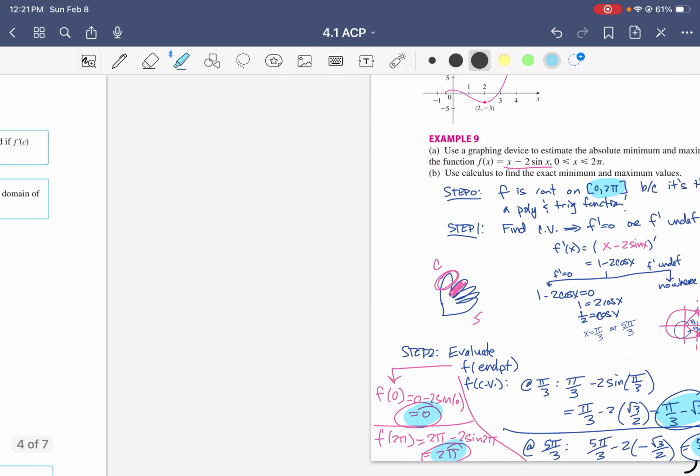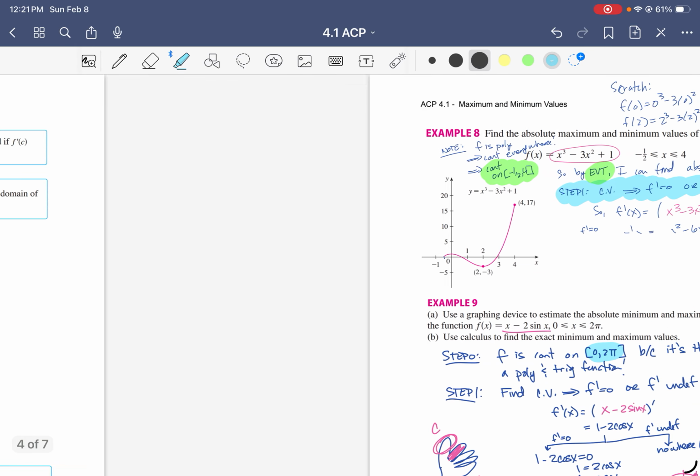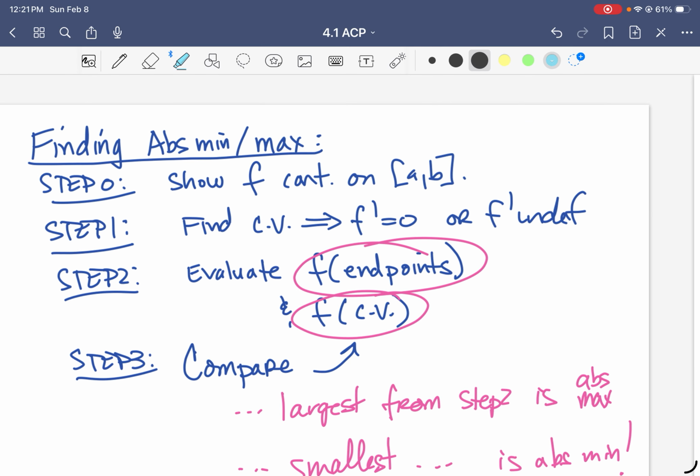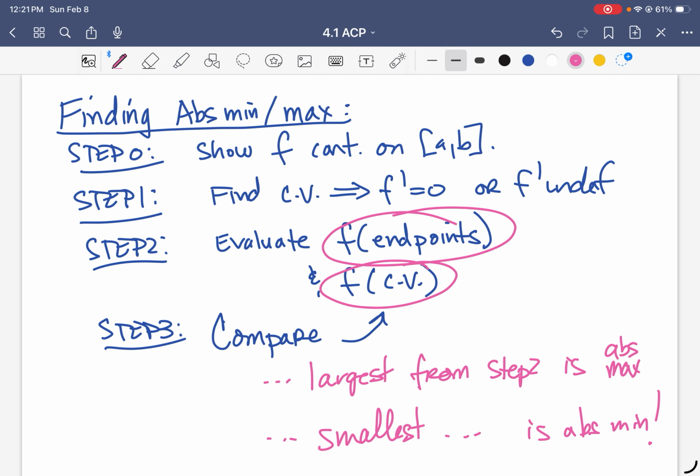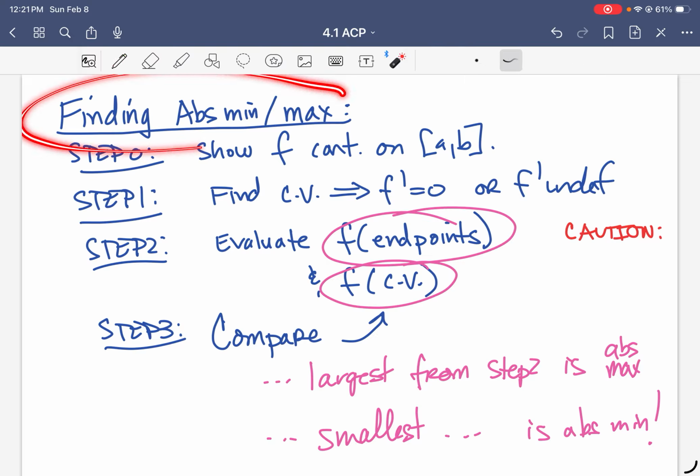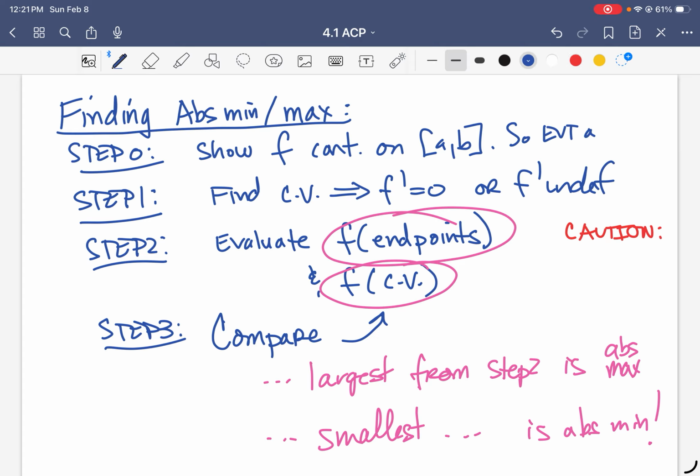So I would go back here and show you one more time the common mistake. So how do I find the absolute min and max of a function on an interval? First, step 0 is show me that it's continuous on a closed and bounded interval, so the extreme value theorem applies.